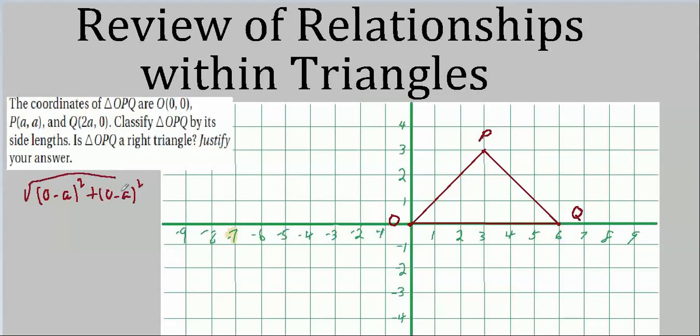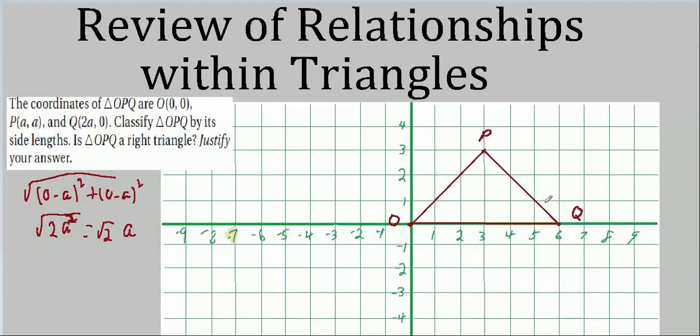So, A squared plus A squared, we get the square root of 2A squared. I said we don't have to actually compute the distance, but in this case it's so easy. Let's just write it as the square root of 2 times A. Okay, that's this distance here.